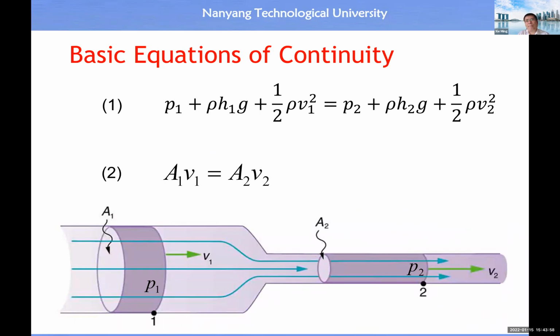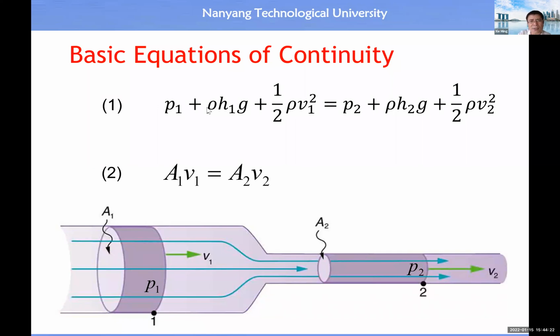So assume inside the pipe system, this system has reached the steady state, then everything is smooth. Therefore, we can apply the basic equation of continuity in terms of energy, or the sum of these three terms, because at any 2 points, the sum of these three terms should be equal.